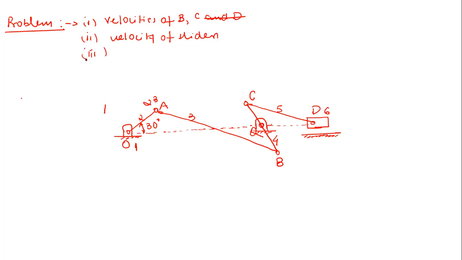And then third, you have to find out the angular velocities of links AB, BC, and CD.